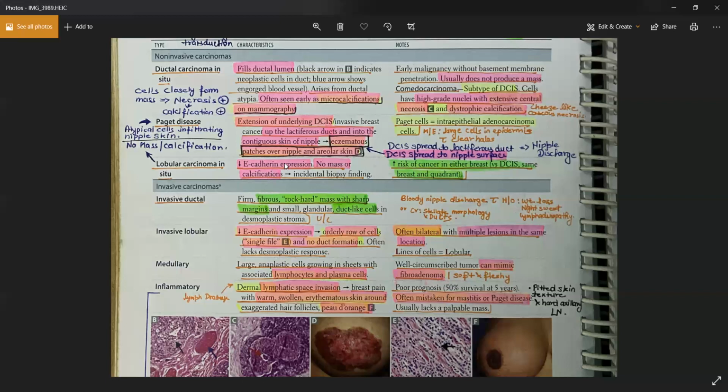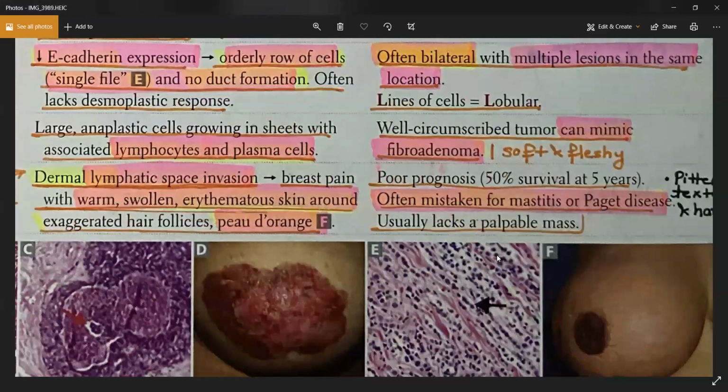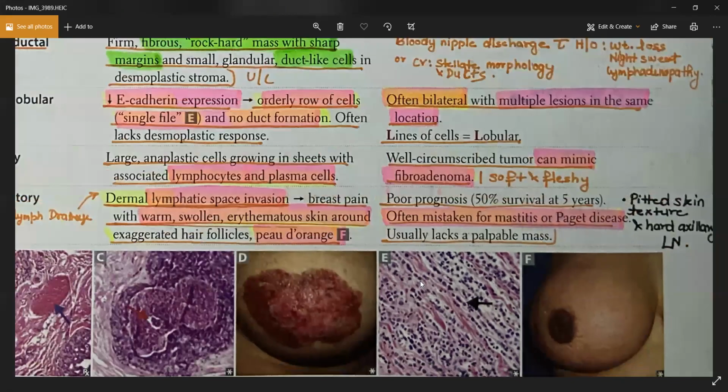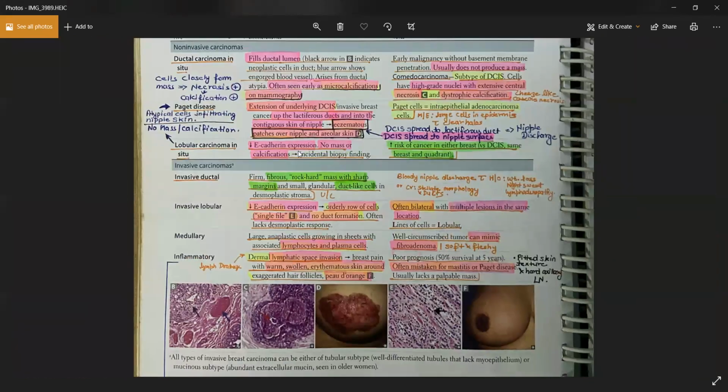Individual cells could be seen. As you can see, these are individual cells which are not attached to each other. Because they lose the property of attachment to other cells, they will spread throughout the tissue.